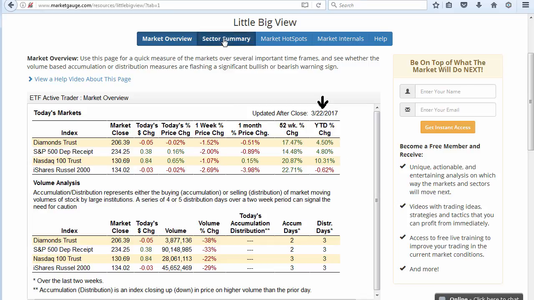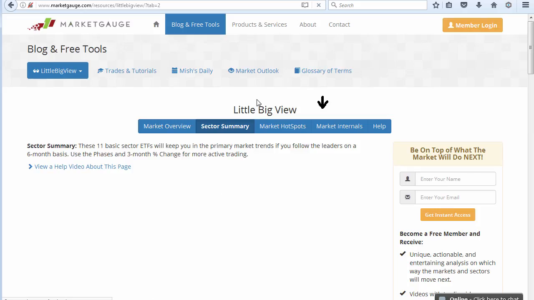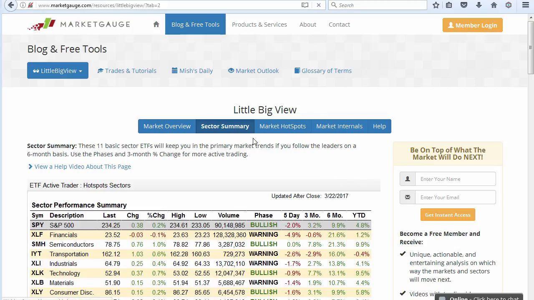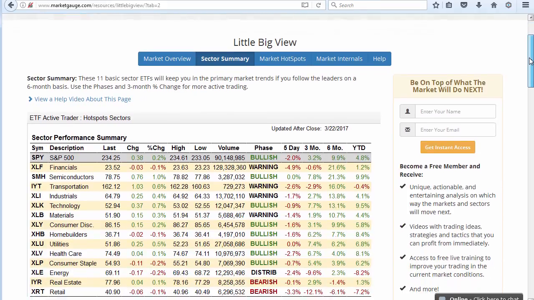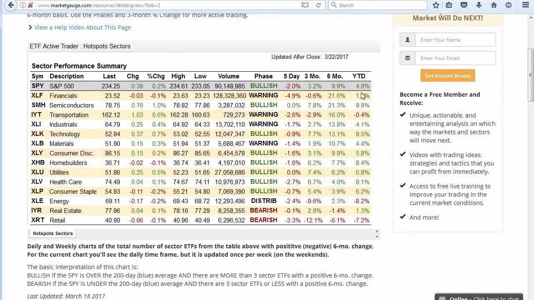Now we'll take a look at the charts in a second, but before I do that, you can do the same thing with the sector summary page. So I just clicked on sector summary, and we really should be keeping an eye on this year-to-date column for the reasons that I've just described.